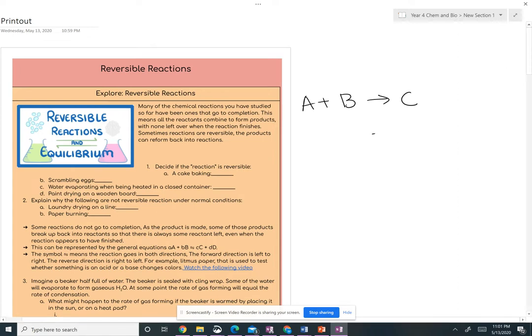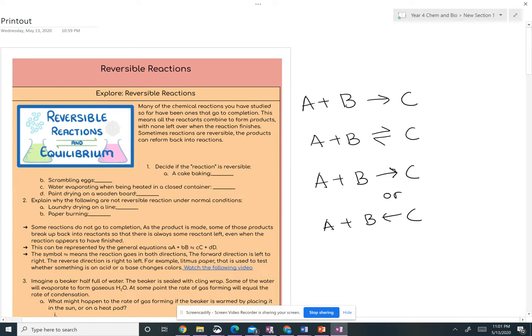But there's another type of reaction in which the arrows can go back and forth. So you see this funky arrow. Basically, that means that yes, A plus B can form C, and it can go this way, or it can go this way, right? That's what this arrow means, that the reaction can go either way.